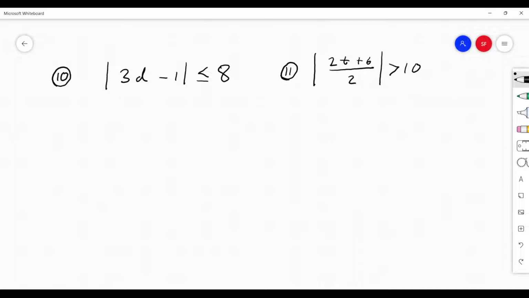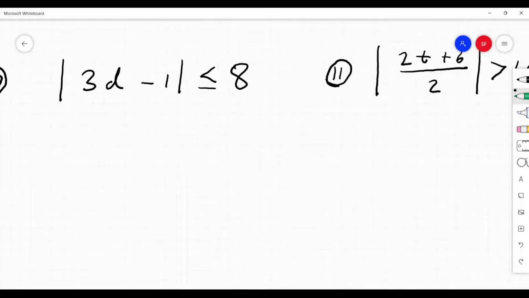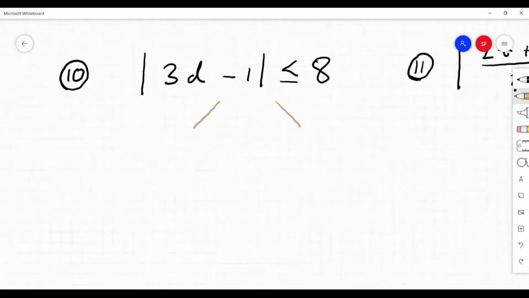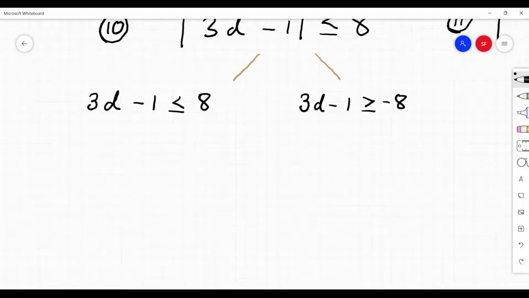Ready, set, go. Wait, do you still graph them? So you have to graph them.